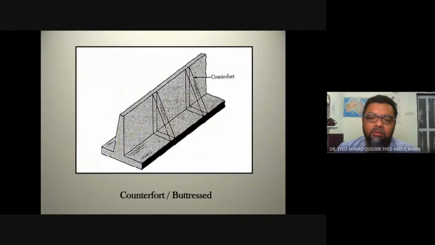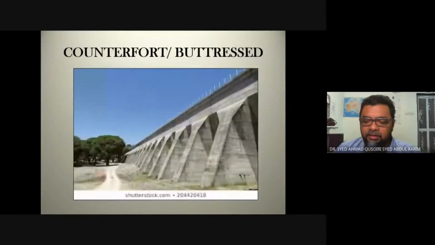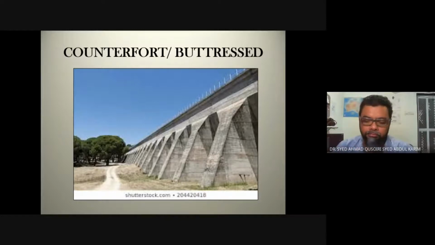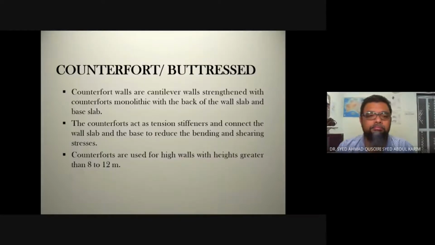So this counterfort will further strengthen the wall itself. You can see here, this is the triangle counterfort. The wall itself is strengthened with counterforts, the triangle things, monolithic at the back of the wall slab and base slab.